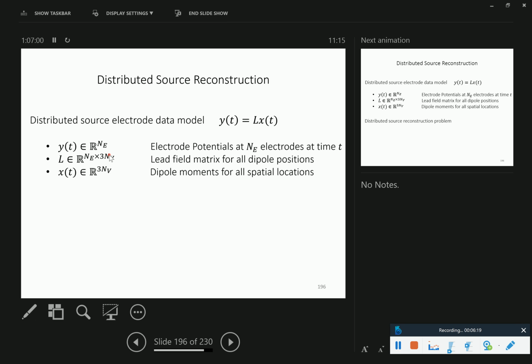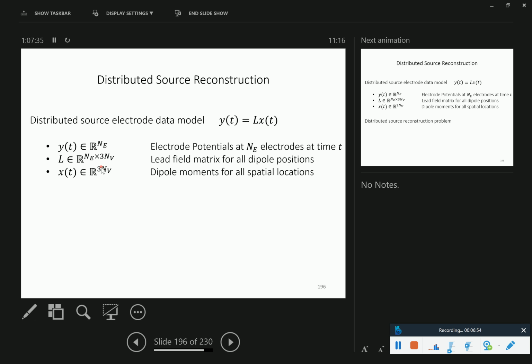So one has computed the lead field matrix for all number of locations. I call that here NV, like voxels. And for each voxel, you now have these 3 columns, like we had before only for one dipole.